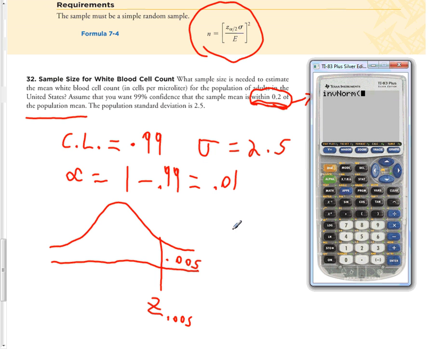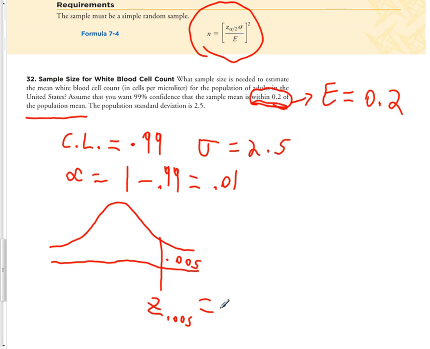And then we're plugging in the area to the left, which is 1 minus 0.005. And this is equal to 2.58. So now we're going to go ahead and find n with all of these numbers.